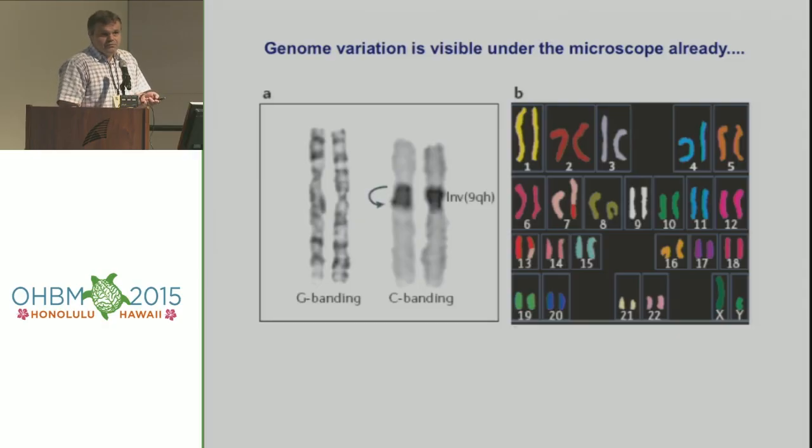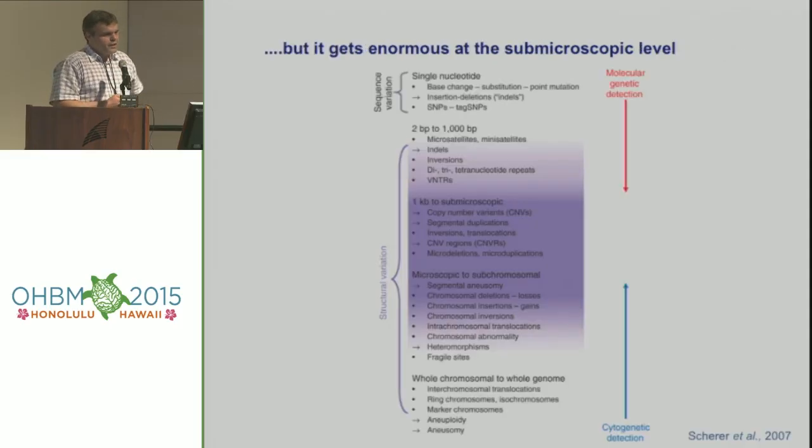Or you may have certain instances in the population where people have translocations, balanced translocations. That means that pieces of DNA between non-homologous chromosomes, between different chromosomes, are exchanged. There is no loss of genetic material, so these people look fine, but in fact the genome looks different than in other individuals. So that would also be, at the chromosome level, some sort of genetic variation.